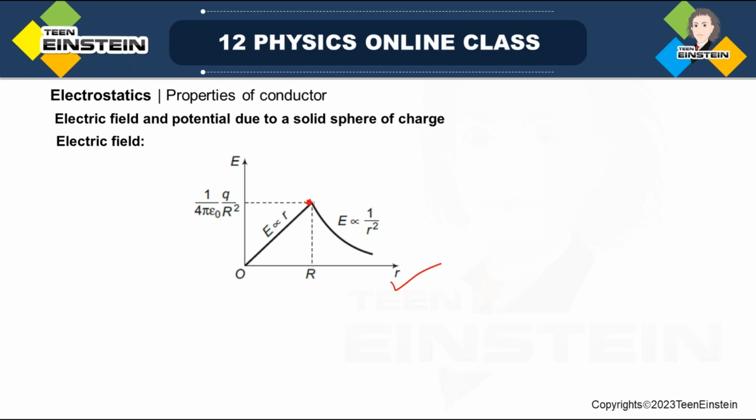But in case of a solid sphere, electric potential varies point to point. So we have to now find out how the electric potential varies with R.